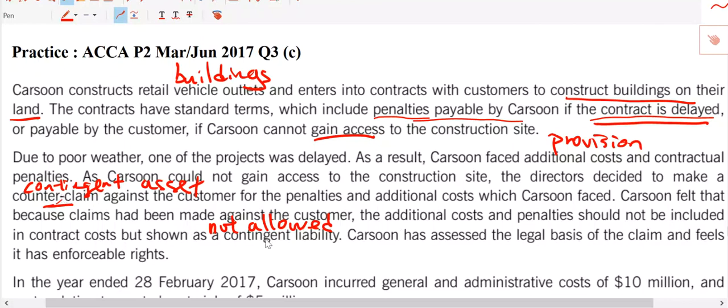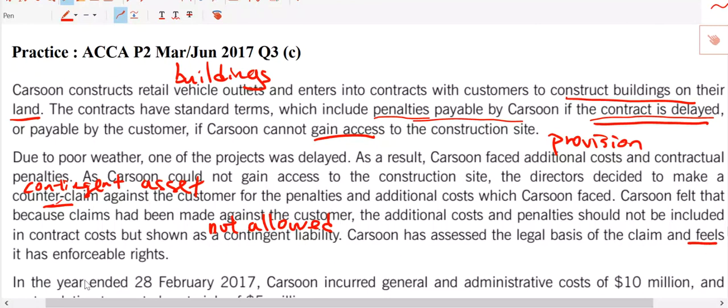So they still have to recognize the provision for the additional cost. Kasun has assessed the legal basis of the claim and feels that it has enforceable rights. So this is a matter of judgment. Should we recognize the counterclaim, the contingent asset?